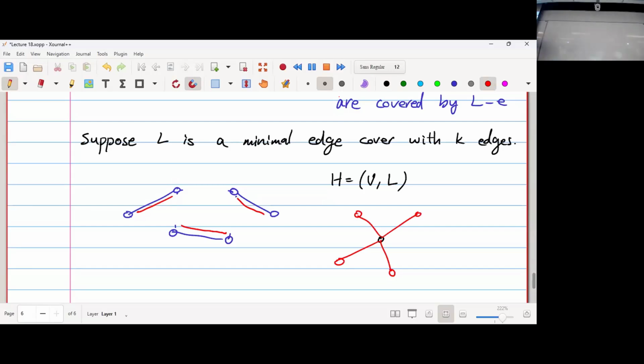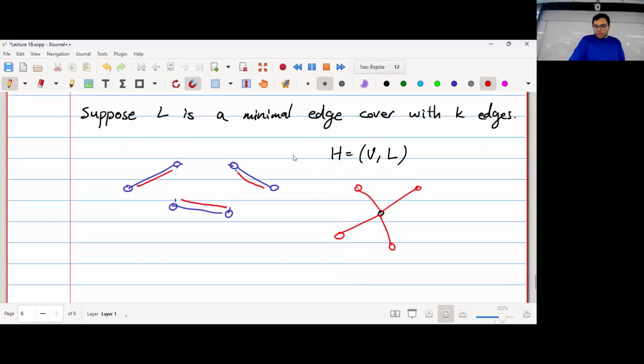You look at this graph, none of the edges are suited. But here's what I want to claim. If I look at each one of the connected components of this graph, the connected component is a star. And a star is basically a tree which has one vertex connected to every other vertex directly.